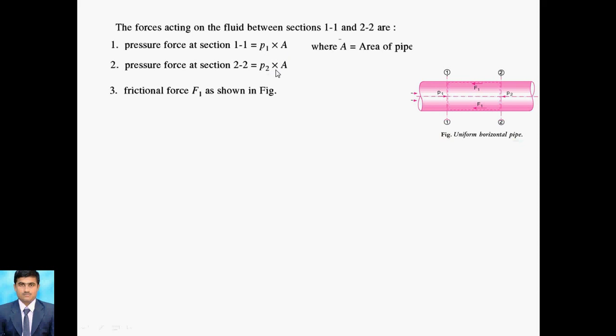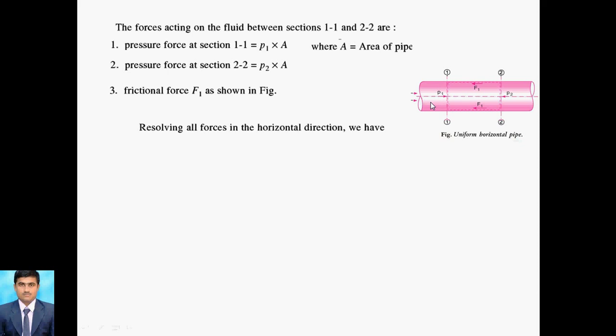Now the frictional force F1, already discussed according to Froude's experiment. Whenever the fluid is going from left to right, there will be an opposing force, that is the friction force. So resolving these forces in the horizontal direction, P1A, the pressure force at section 1, is from left to right, so this is positive.